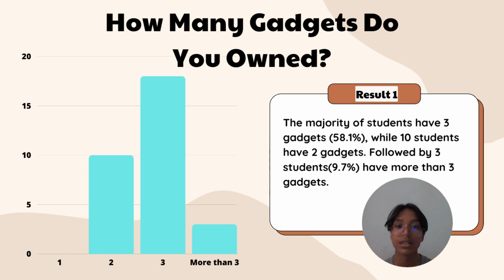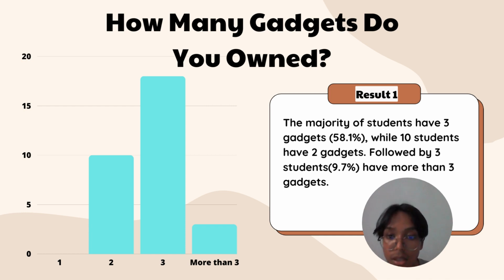So the question in our questionnaire is, how many gadgets do you own? From the bar chart, we can see that the majority of students have 3 gadgets, which is 58.1%. Then 10 students have 2 gadgets, followed by 3 students who have more than 3 gadgets.